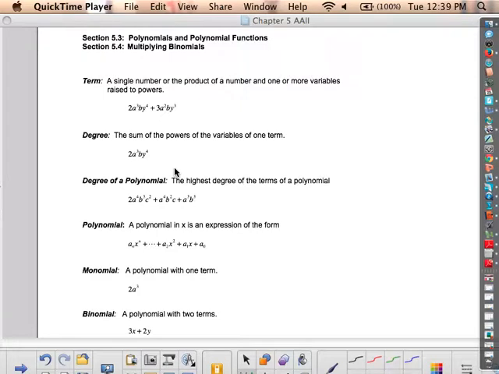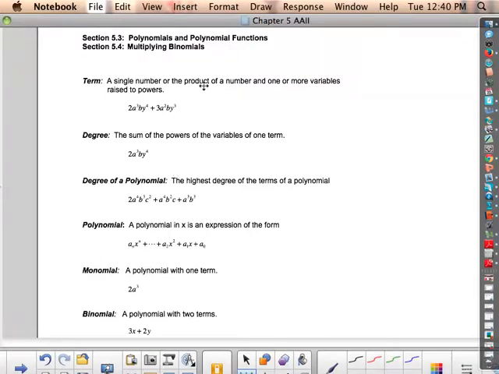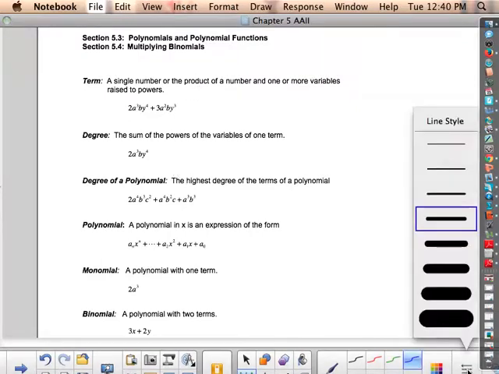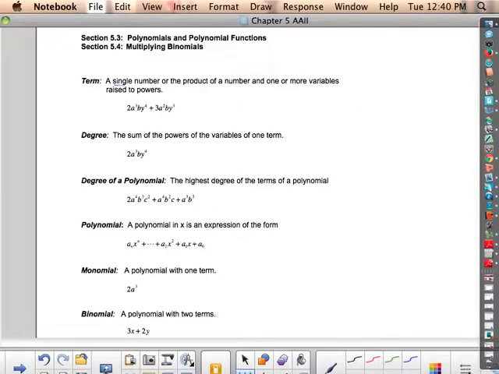The first is a term. When we're talking about a term, that's a single number or a product of a number and one or more variables. So when we look at this, 2a to the third b to the fourth is a term.